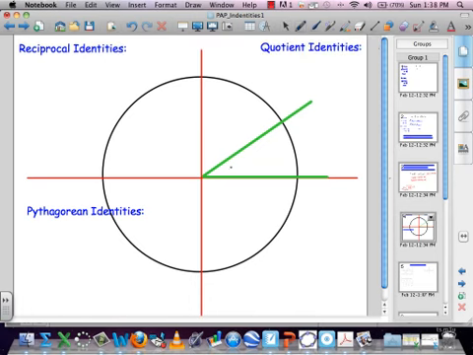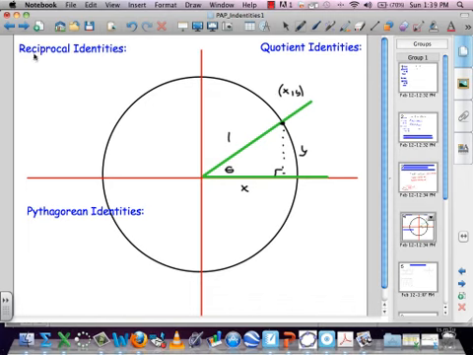So here's an angle theta, and here's a point on the unit circle, x comma y. This is a unit circle, so that distance is 1. If I extend a perpendicular down to the x-axis, then we have x comma y, and remember, this could be in any quadrant, not just quadrant 1.